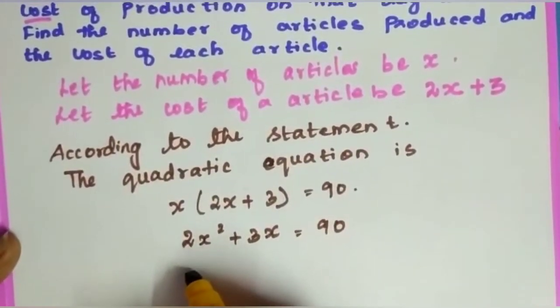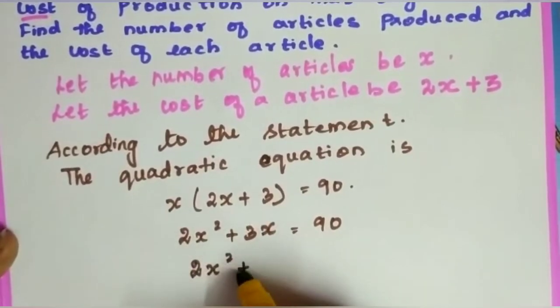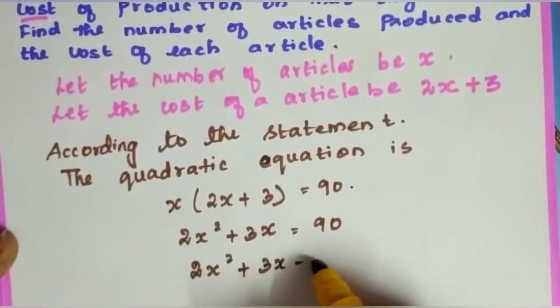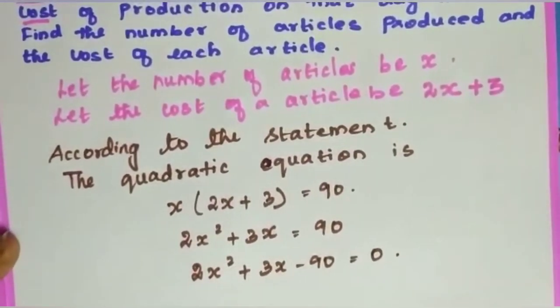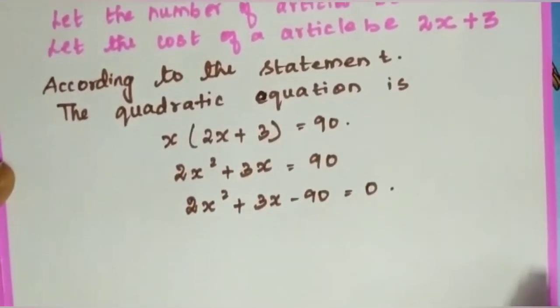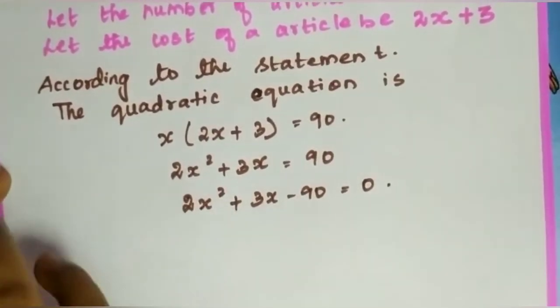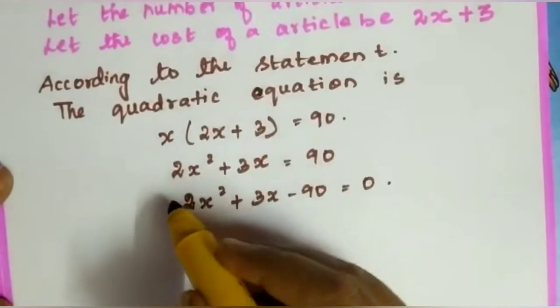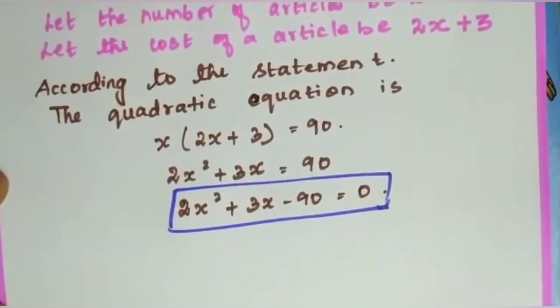We have to write in the form of ax square plus bx plus c is equal to 0. We can't divide by any common number, so keep it as it is. We have to solve this one. This is a quadratic equation we got from the statement.